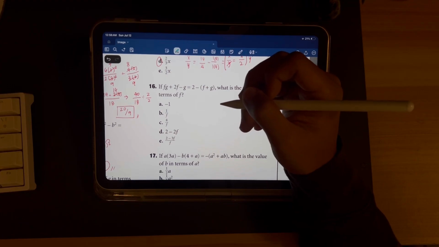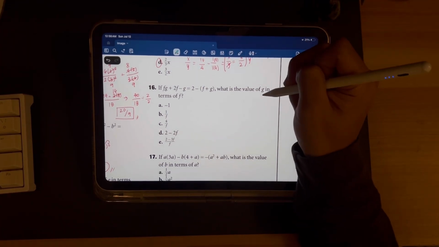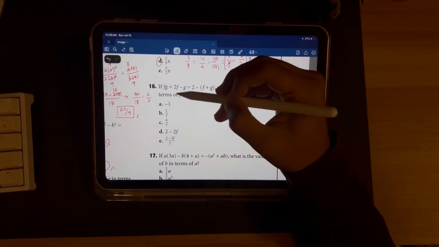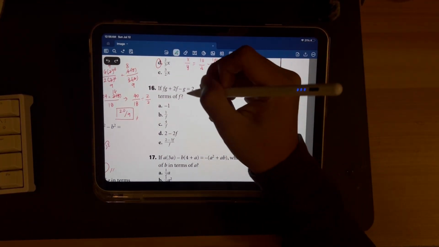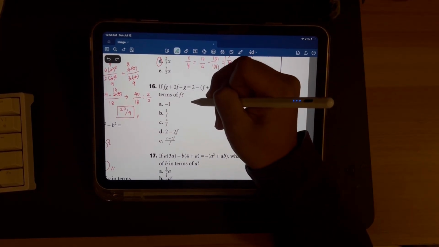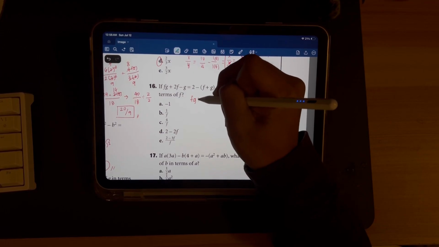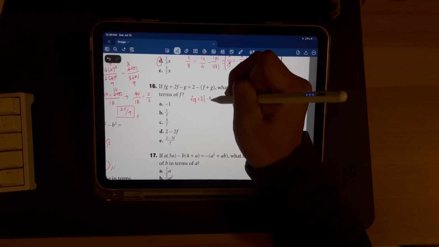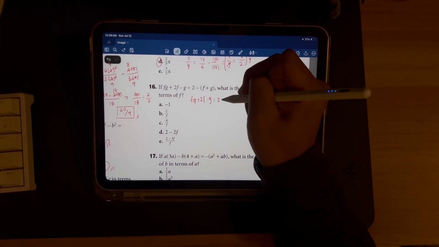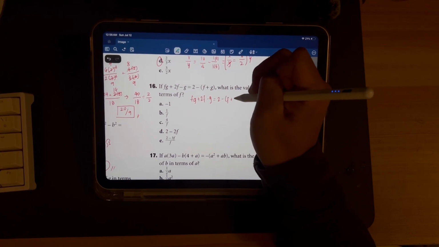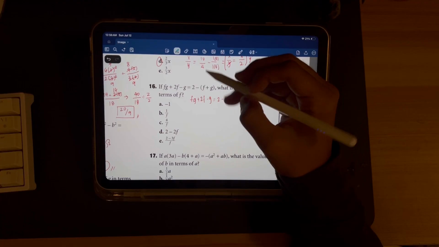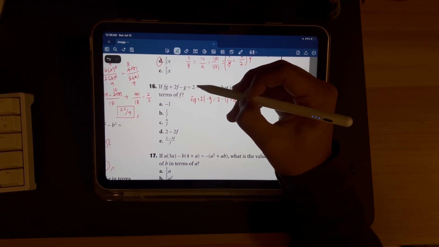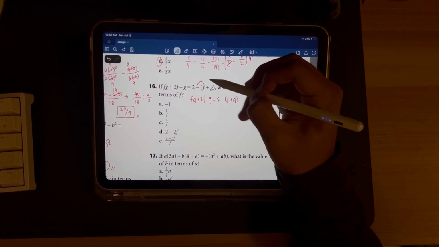So for the next question, we are again asked to find the specific value of g in terms of n. And we are going to find that by isolating the value of g. So let us first rewrite the equation of g plus g is equal to 2 minus f plus g. Now here we can actually rewrite this by simplifying it further. Let's distribute the negatives.